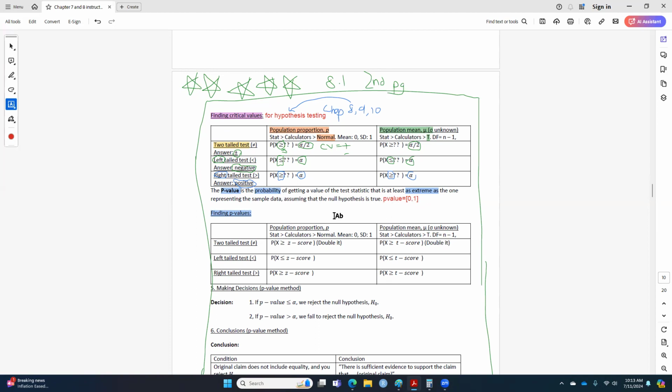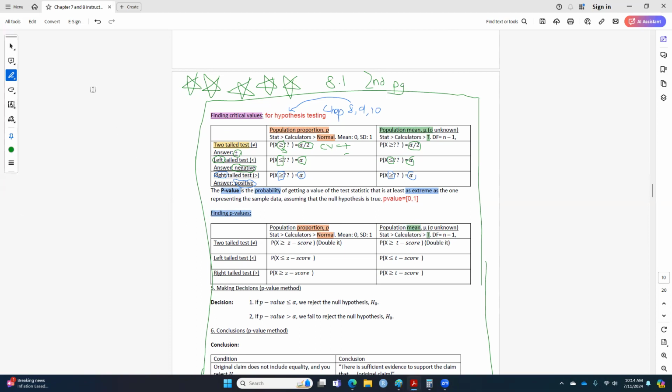Okay. How do you find the p-value? Again, we will break this into 2 pieces. Either we are doing a proportion, where you use the normal calculator, or a population mean, where you use the T calculator.